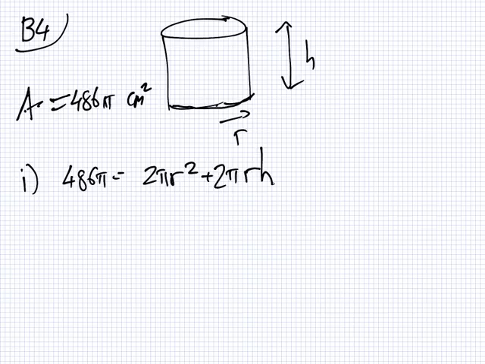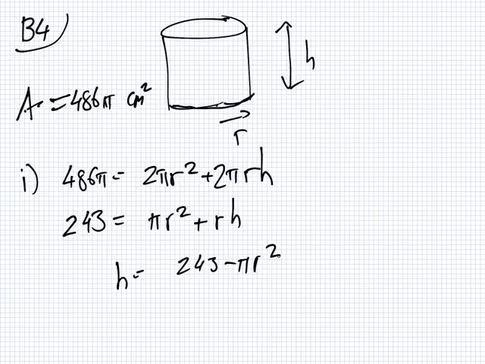Are we looking for the r or the h? We're looking for h then. So I can divide everything by 2 pi: 243 equals pi r squared plus r h. So now I can get h equals 243 minus pi r squared over r.